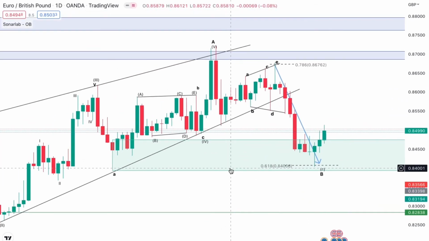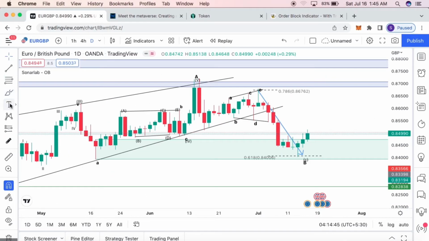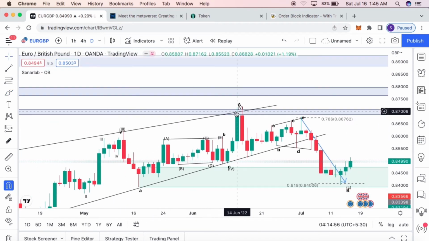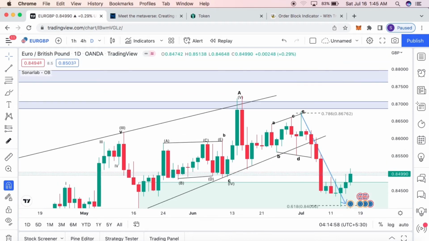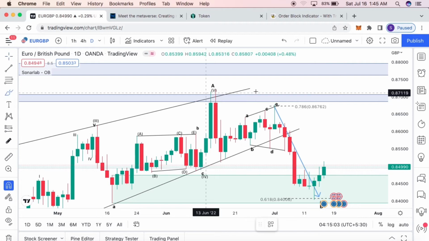So guys, this is how you take trades. Let me choose this tool here and show you. The first trade here, your entry would be right just down here. If you're taking trades with the order block, you put your entry right here, you see that part I'm marking out.